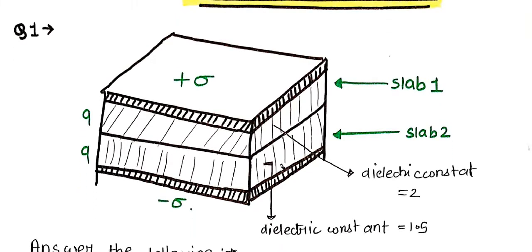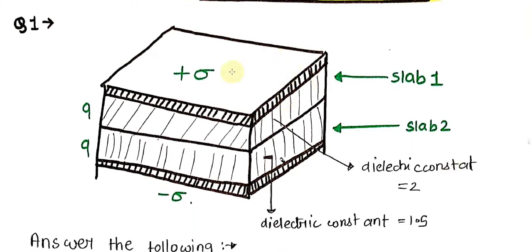So here, as you can see, this is a plate of charge plus sigma, and this is a plate of charge minus sigma, and the charge here is plus q. The separation between the two plates is 2a. So the length of one dielectric slab is a, and the length of the other dielectric slab is a.